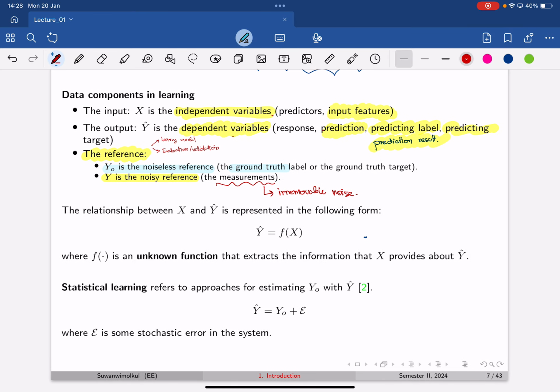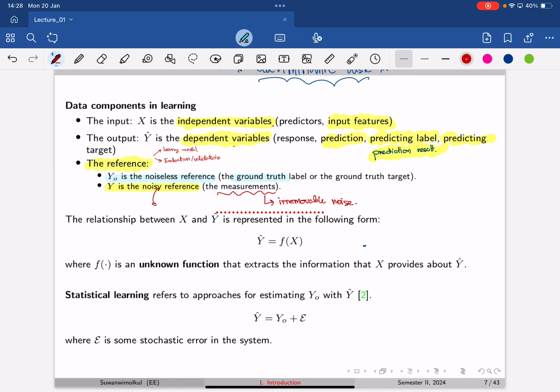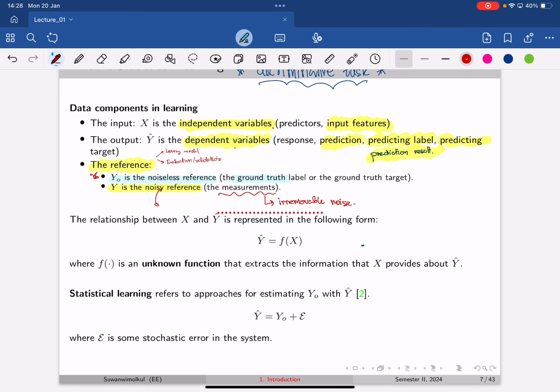in most cases, we evaluate with the noisy reference and learn with the noisy reference. But also, as we will see later on, we will try to map our performance back to the noiseless reference as well by decomposing the noise term in the noisy reference or our measurements.